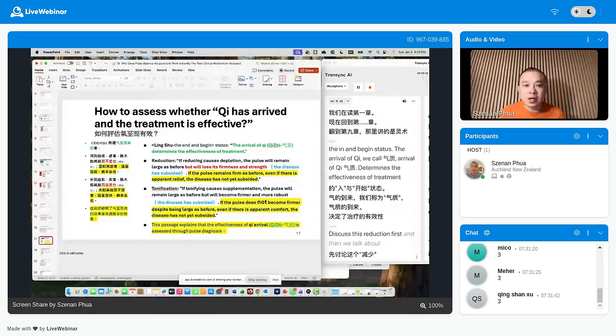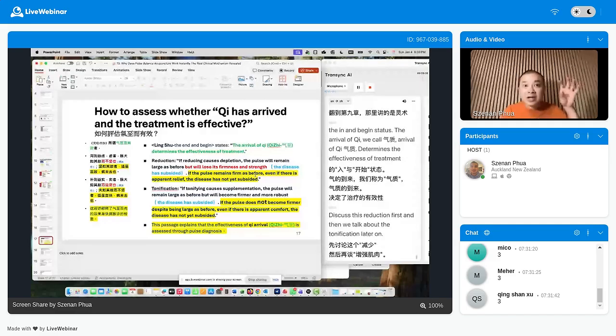So, if the pulse remains firm as before, the diagnosis is what? Excess. The pulse is too strong. When the pulse is too strong, you do a reduction technique. Then you check the pulse again. I check the pulse, and it is very firm, too strong.